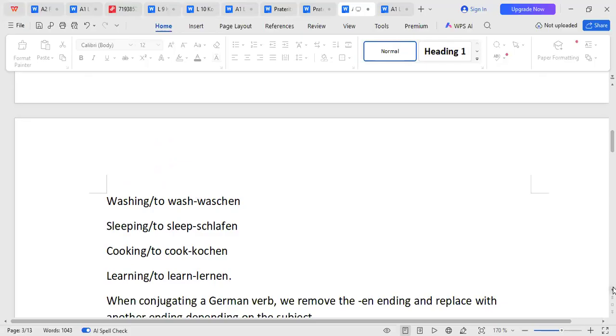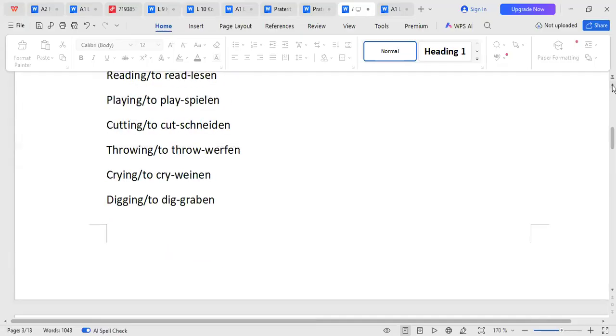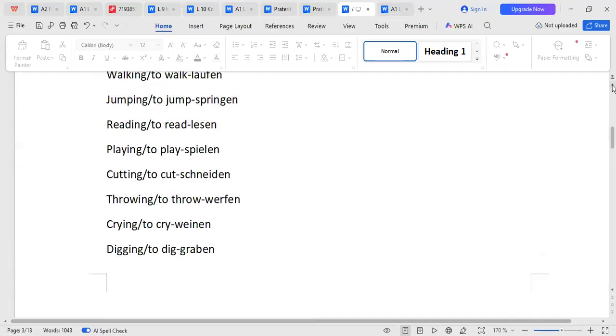There is something that is common from almost all of them, in fact, all of them. Lernen, kochen, schlafen, waschen, spielen, lesen, springen, und so weiter. Who can tell me what is common from the names that I'm reading from my screen?